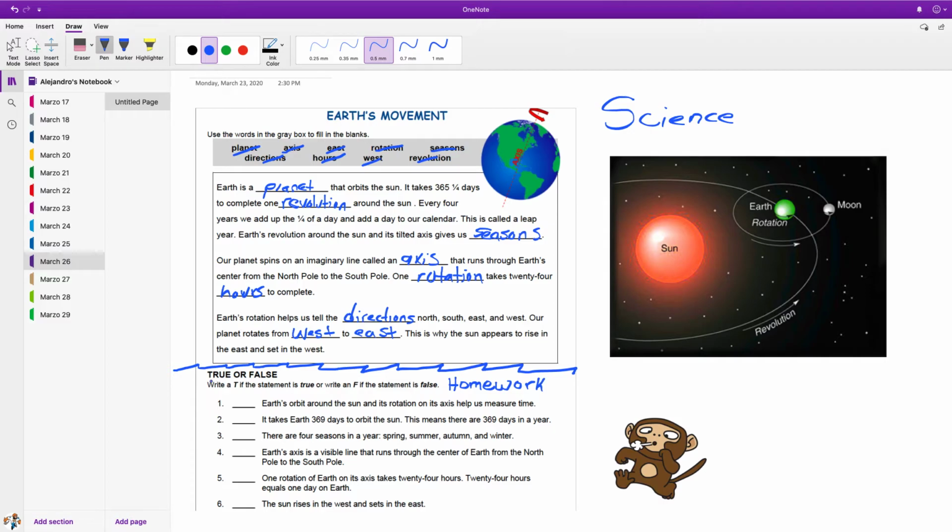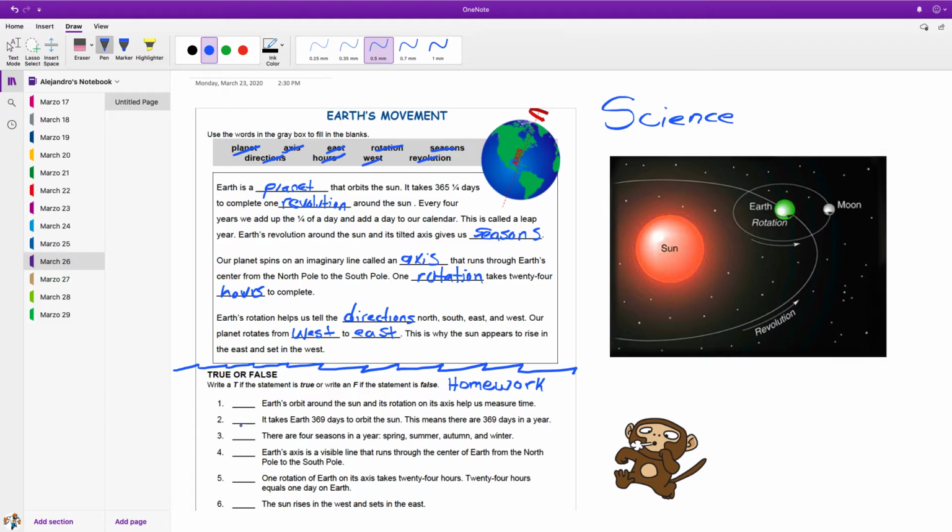Let's go ahead and read the instructions. Remember that it's always good to read instructions first. True or false. Write a T if the statement is true, or write an F if the statement is false. Okay, so remember that you have to put the answers in the comment section. What you can do is to put all the numbers 1 through 6, and next to the number just put T for true and F for false.